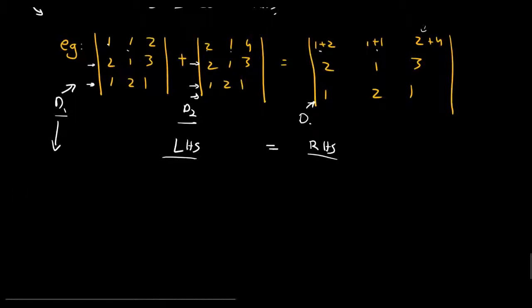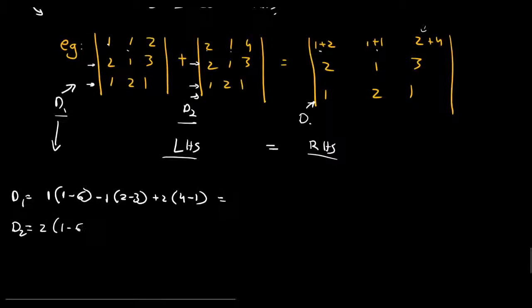For determinant D1, the value of determinant D1 will be given by what? 1 times (1 minus 6) minus 1 times (2 minus 3) plus 2 times (4 minus 1), right? Determinant 2, the value of determinant 2 will be given by what? 2 times (1 minus 6) minus 1 times (2 minus 3) plus 4 times (4 minus 1), right? So D1 will be equal to what?